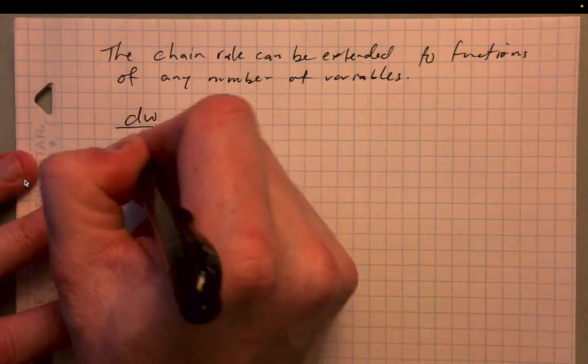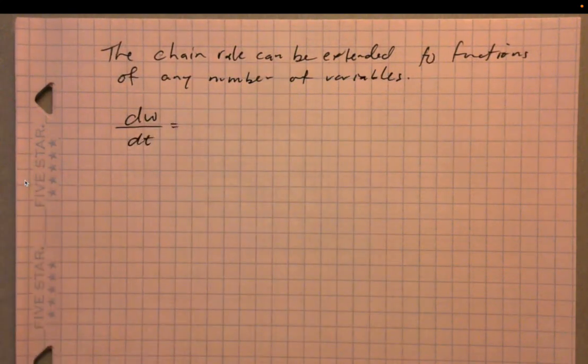It's dw/dt, that's what you want to find. You've got a function w. And to identify the derivative of w with respect to t, now we'll assume that w has n variables.